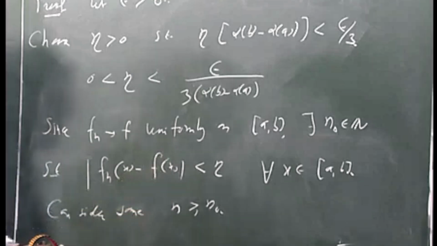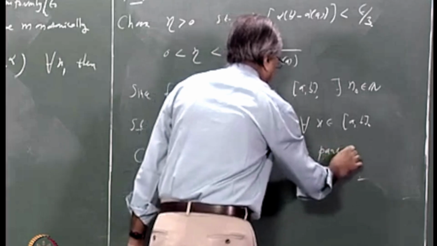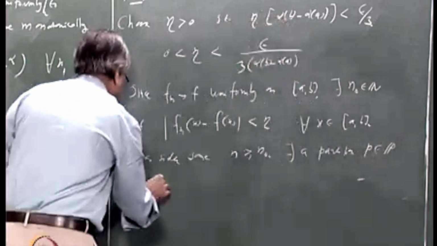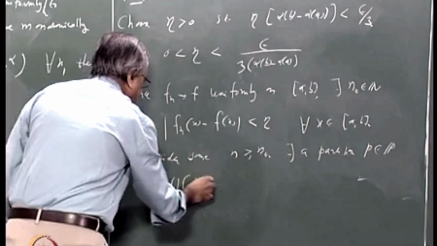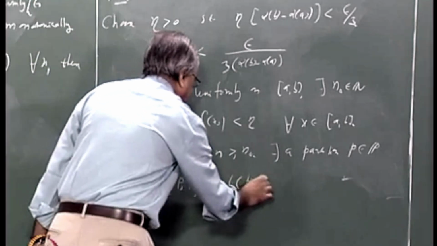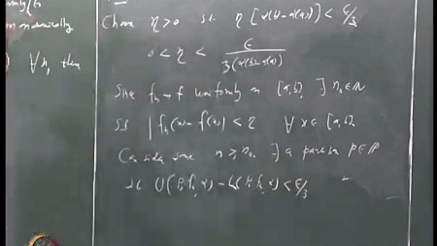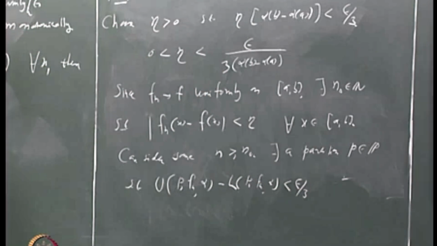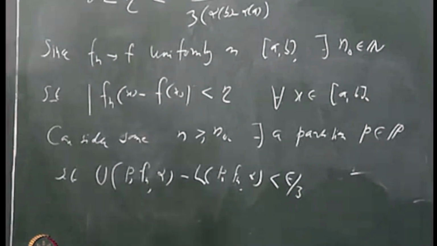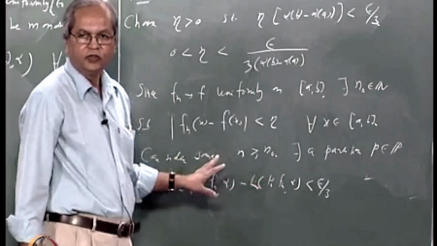So there exists a partition P in script P such that U(P, fn, alpha) minus L(P, fn, alpha) is less than epsilon by 3. But of course this is not what we are interested in. What we want to show is that the difference between U(P, f, alpha) and L(P, f, alpha) is small.